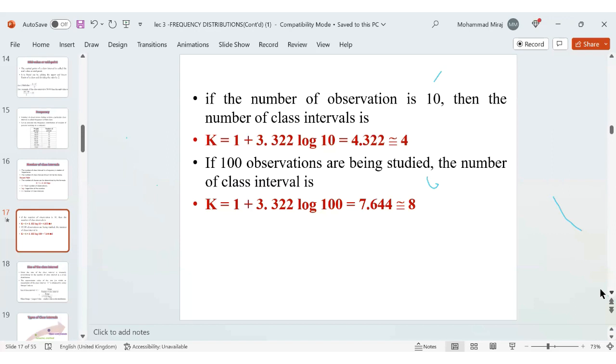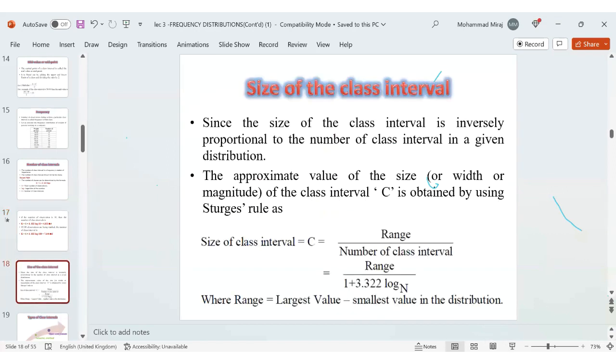Anything which is not clear to anyone? Yes, any doubt? So what is the size of the class interval? The size of the class interval is basically inversely proportional to the distribution. Okay, so the bigger the distribution, you have to make the class intervals accordingly.